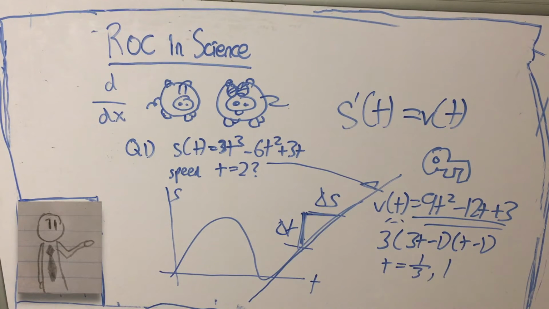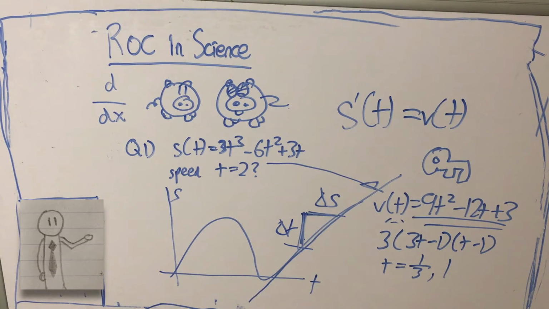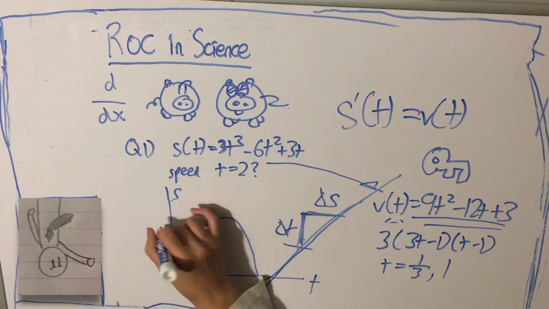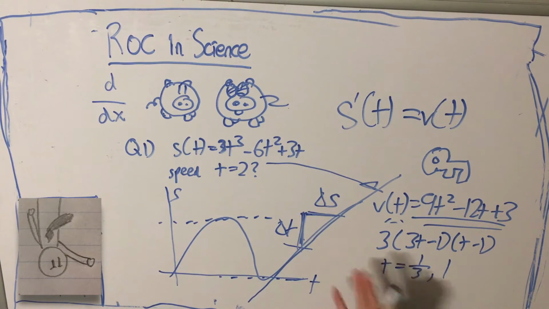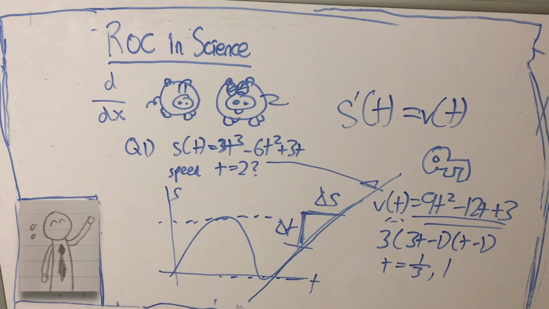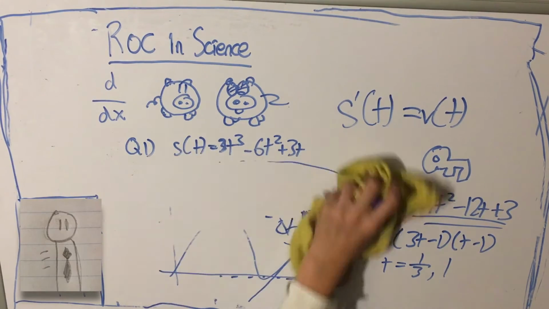So at 1/3 seconds after it begins and 1 second after it begins, it's not moving at all. It's stationary at these 2 moments in time. Additionally, it gives us a little insight about the position graph. But that's enough digressing. On to the second problem.